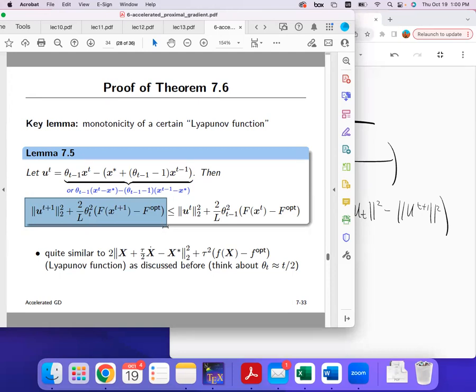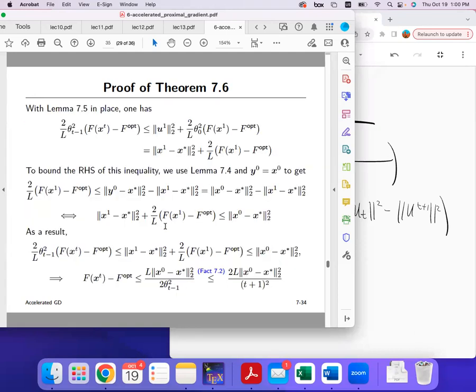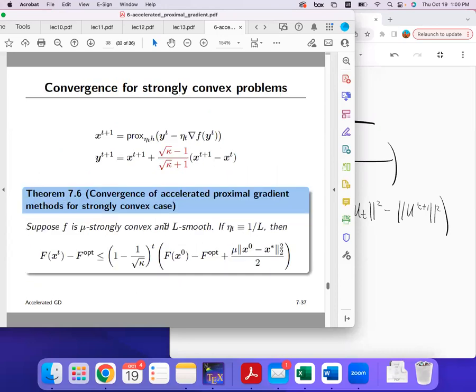But for this accelerated method, the Lyapunov function is much more complicated. So it takes this complicated form. And this is for convex and smooth functions.